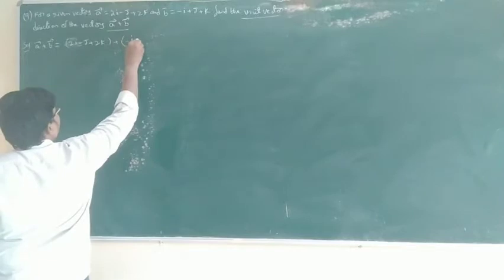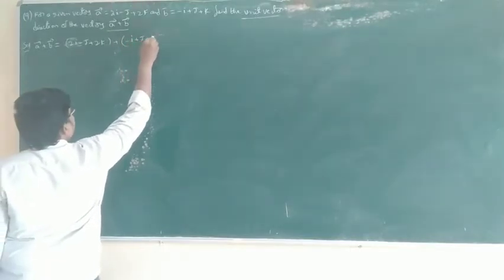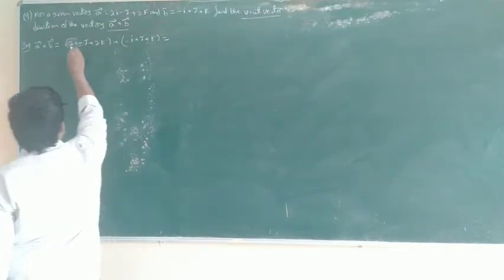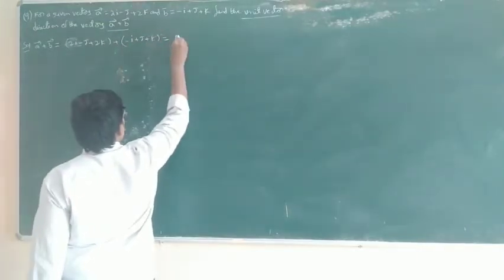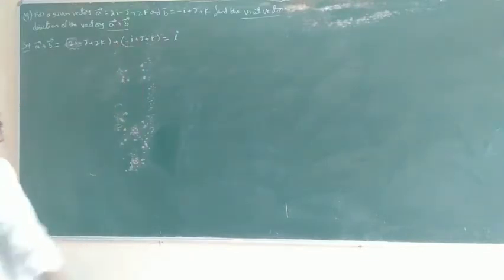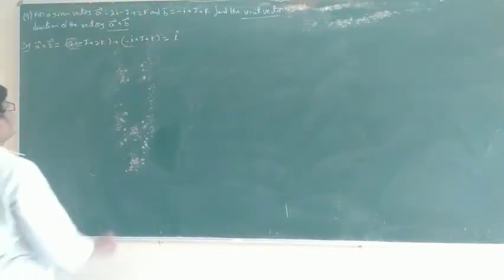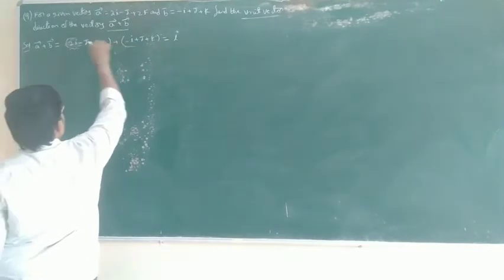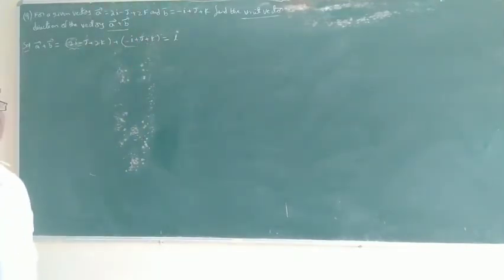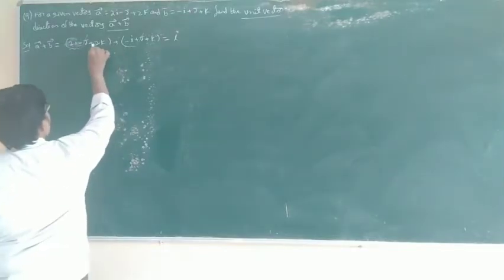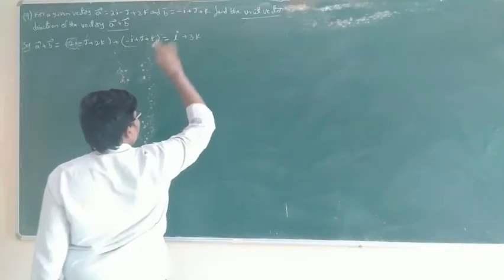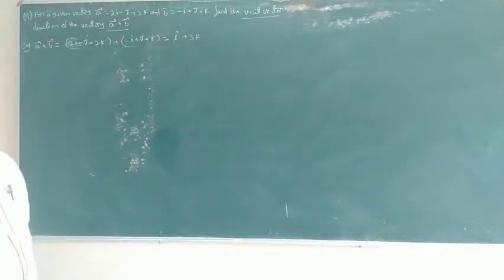Minus i plus j plus k, plus 2i minus j plus 2k: 2i minus i is i, minus j plus j cancel, and 2k plus k is 3k.